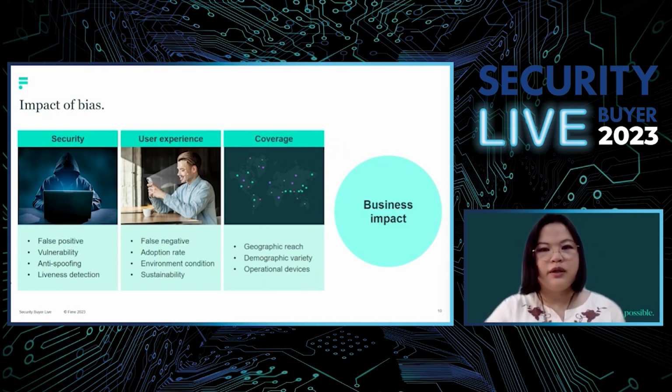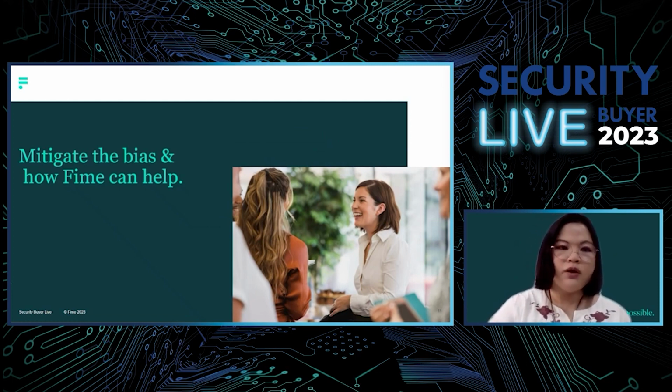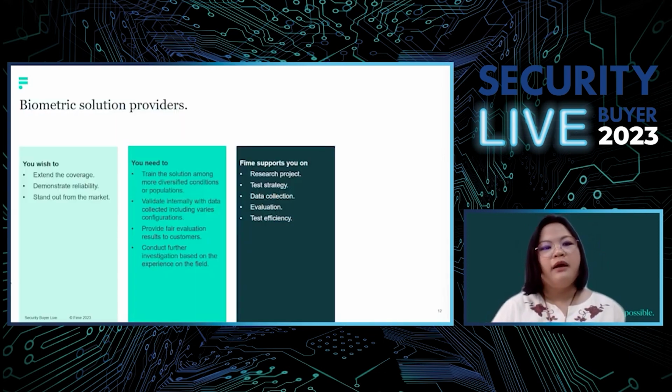So the third part, we will look at how we can mitigate the bias and where FIME can help. We divided this depending on the roles of how the biometrics are being used. The first part is the biometric solution providers.